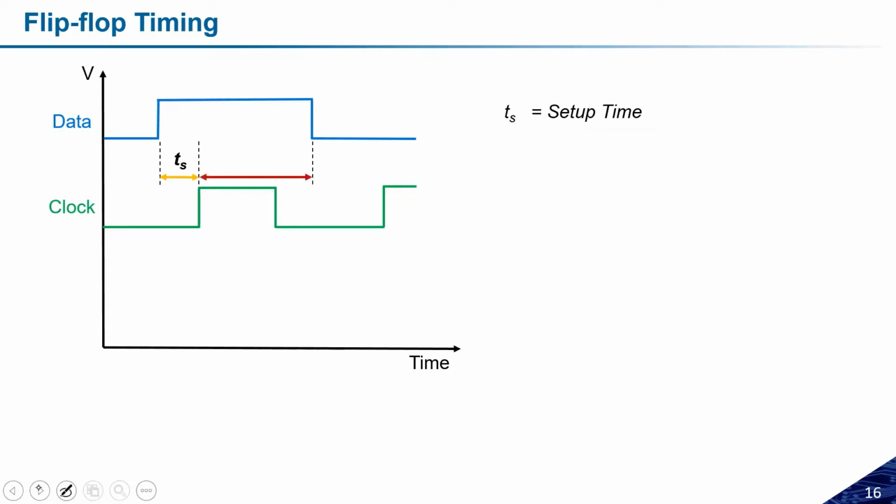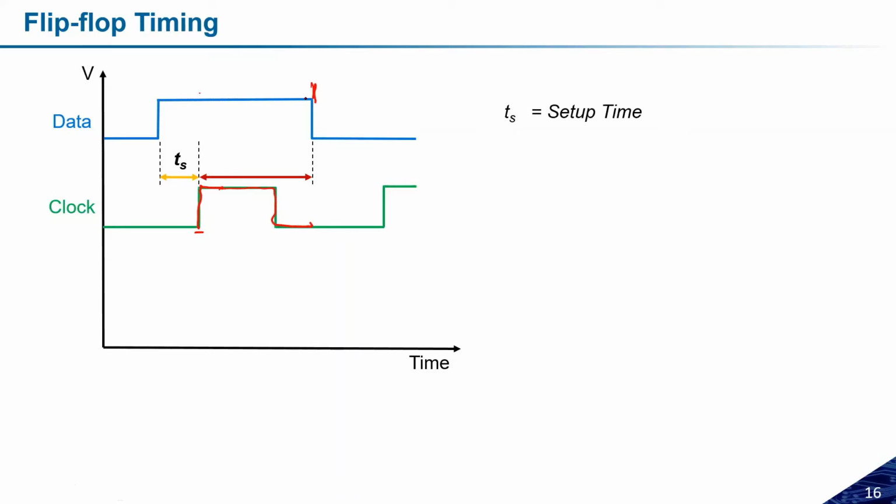The second important point: once the clock is activated, how much time does the data maintain the same logic? If you see here, even though the clock was activated and then becomes logic low, the data was still at the same state.